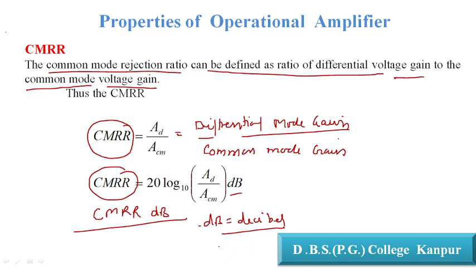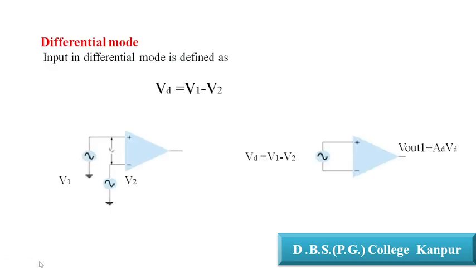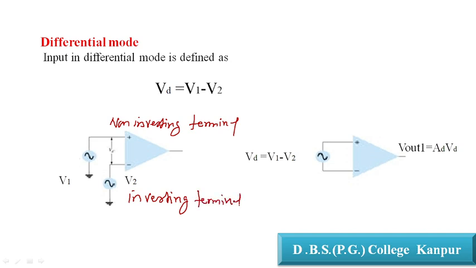Now we are discussing the next slide. What is the meaning of differential? Differential mode means that in the operational amplifier, this terminal is the non-inverting terminal and that is the inverting terminal.